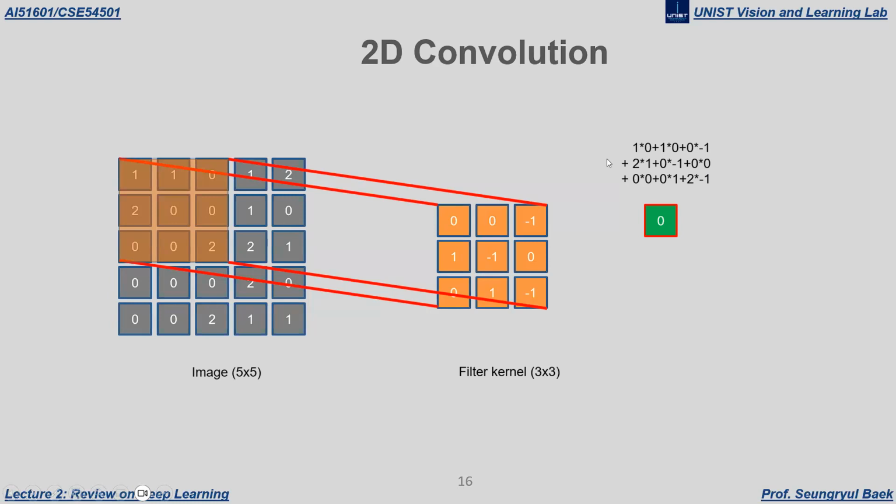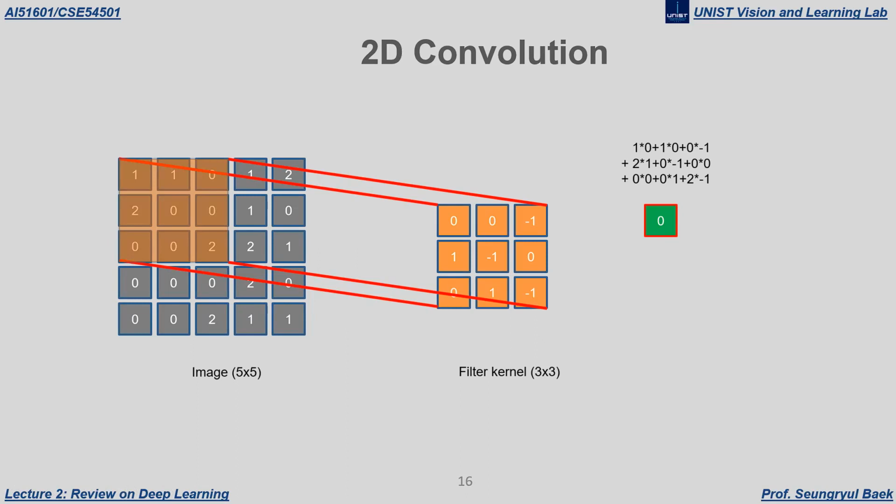Here, you may see this pointer: 1 is from the image pixel and 0 is from the filter kernel, and these two are element-wise multiplied. And 1 is multiplied by 0, and 0 is multiplied by -1. So this is the element-wise multiplying of two values. Then we add these 9 values, and afterwards we get 0. This becomes the upper left part of the output pixel.